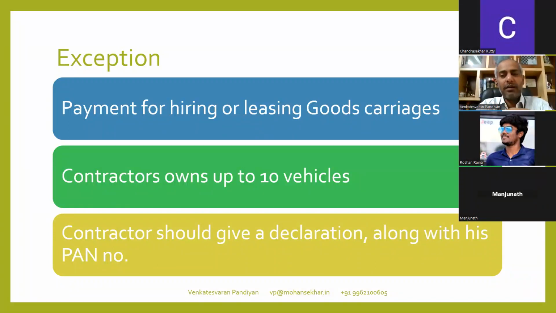So I am a contractor who is in the business of running goods carriage, and I give you my services of hiring and leasing. Goods carriage payment is otherwise subject to TDS. But suppose I give a declaration that I do not have more than 10 vehicles, and I give my PAN number, and you are a payer, then you don't have to deduct TDS. This is an important exception, and this has to be kept in mind while deducting TDS under 194C.